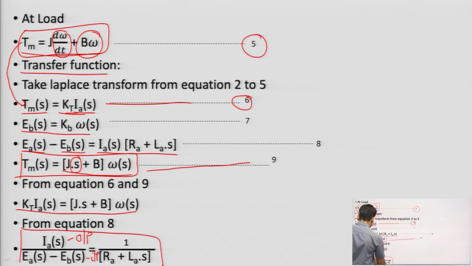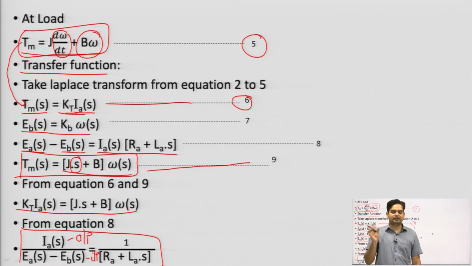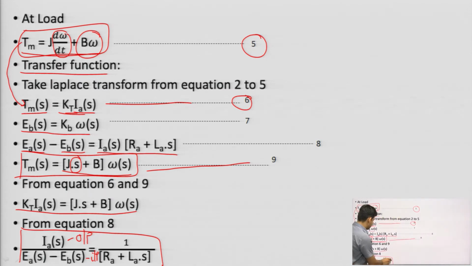This becomes a transfer function because the numerator quantity in the s domain acts as output and the denominator quantity in the s domain acts as input, and this would be the transfer function for the system.